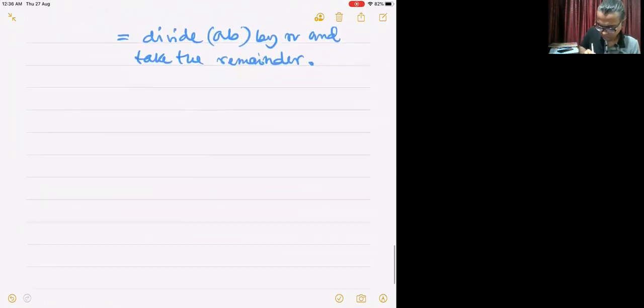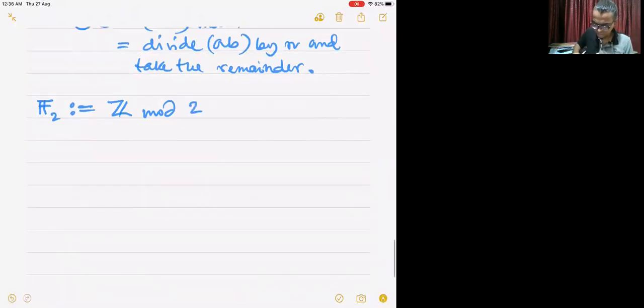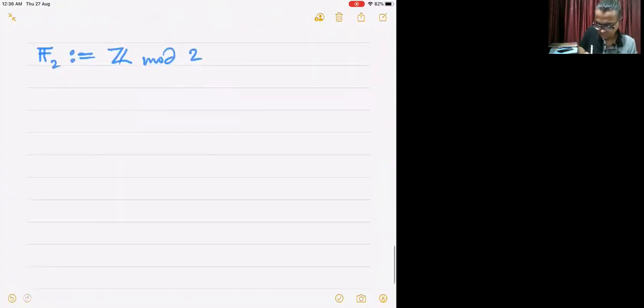Similarly, the way we are defining F2, F2 by definition is Z modulo 2. So this by definition will contain then 0 and 1. 2 minus 1 is 1, 0 and 1. What are the operations?